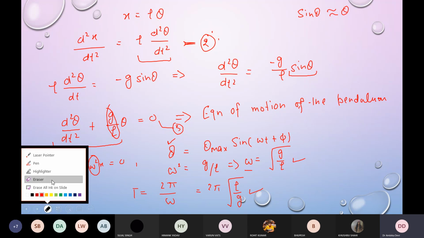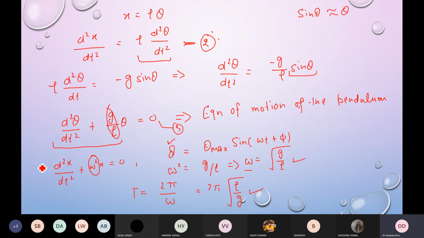Right, so now we can have one numerical based upon this.